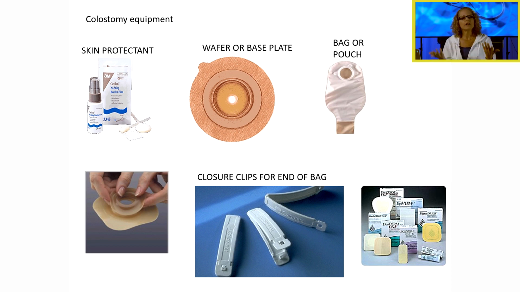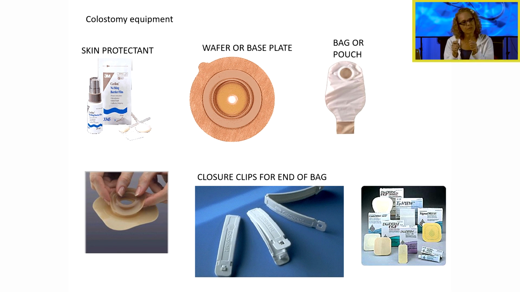Here's some of the colostomy equipment that we use. We can see that there's some skin protectant that needs to go around the outer edges of the colostomy, the peri area of the skin. We can see that there's a wafer or a base plate that usually has an adhesive on it, and a bag or a pouch that connects to the wafer.